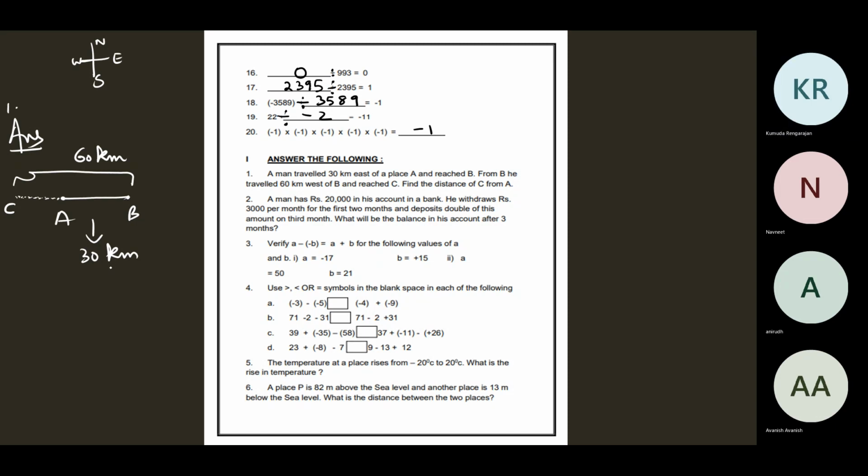Very good. Even we know the same statements. Next, Avinish, completed. Distance from A to C is equal to plus 30 minus 60 is equal to minus 30, which is the answer of the distance between A and C.